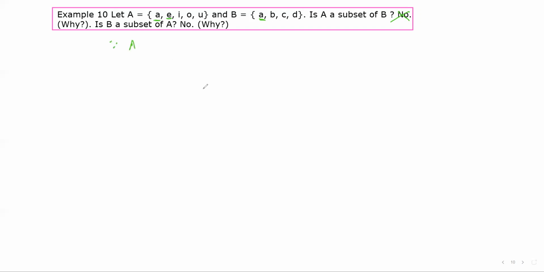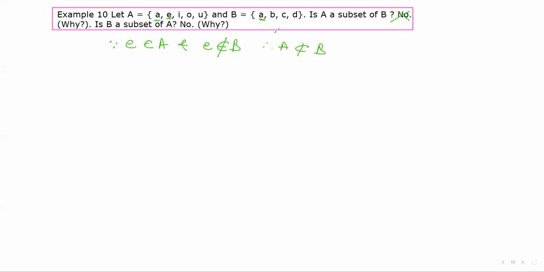Since E belongs to A and E does not belong to B, if even a single element of set A does not belong to B, then A cannot be a subset of B. Therefore, A is not a subset of B. Why? Because elements of A are not present in B.